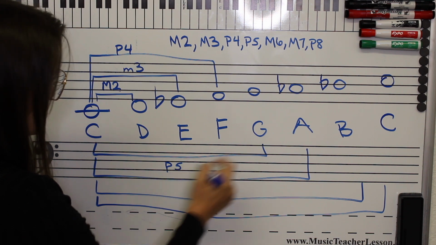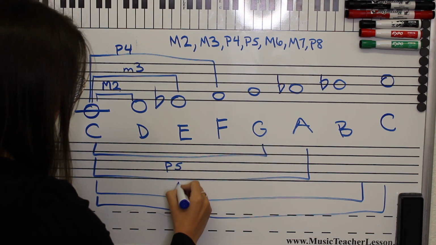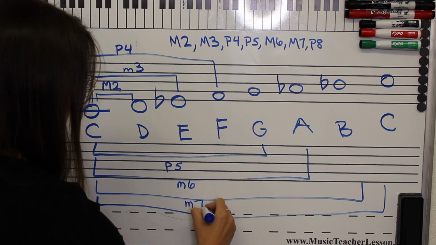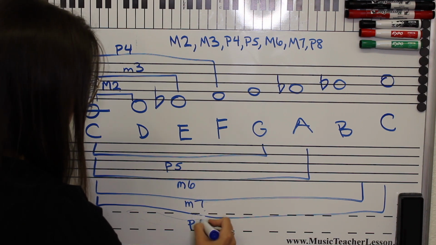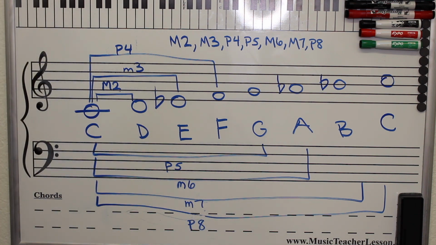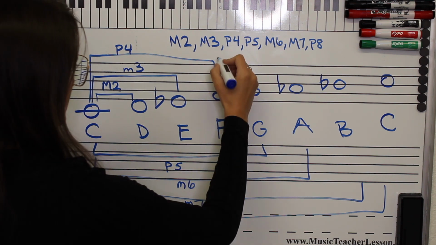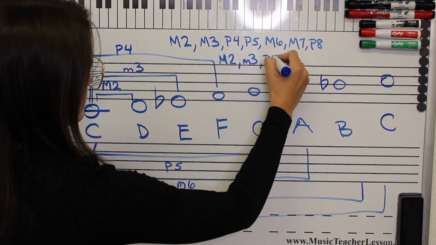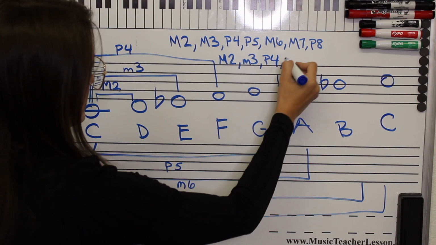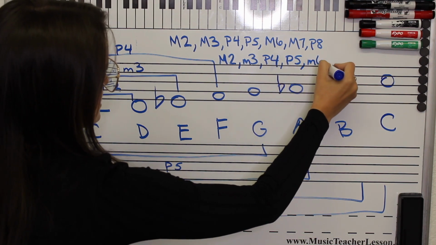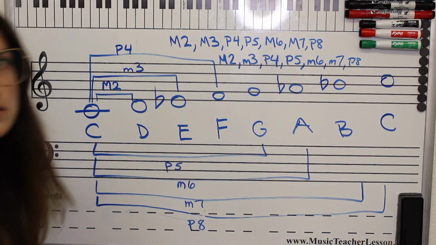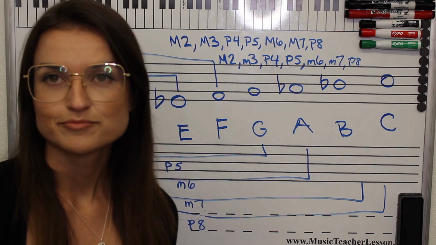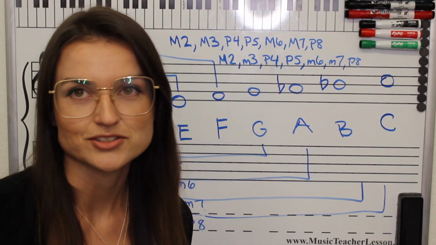We have a minor sixth, a minor seventh, and a perfect octave. So now our minor intervals look like this. Major second, minor third, perfect fourth, perfect fifth, minor sixth, minor seventh, and perfect octave. There. This is your intro to major intervals and minor intervals.